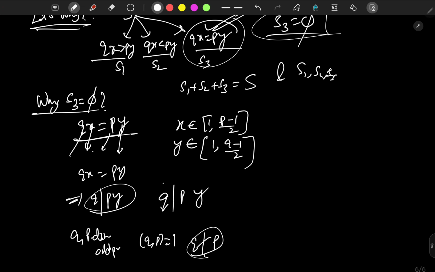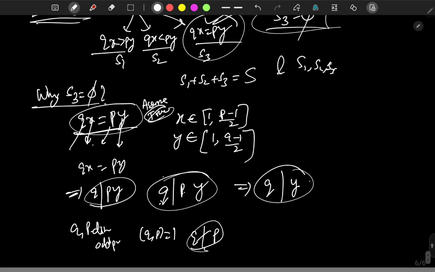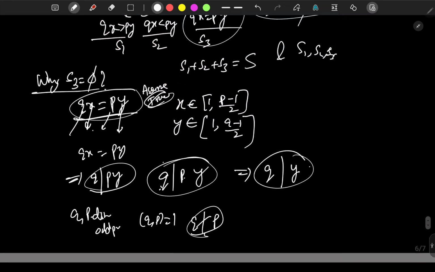Since q doesn't divide p, this implies that q divides y. But see the range of y: it belongs to 1 to q minus 1 by 2. See the beauty.